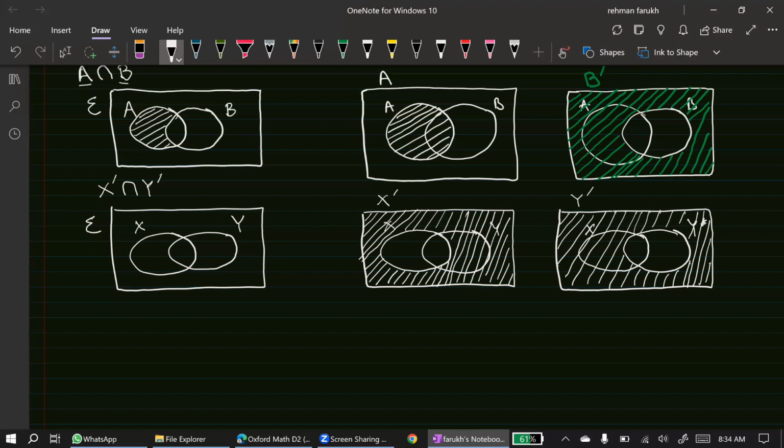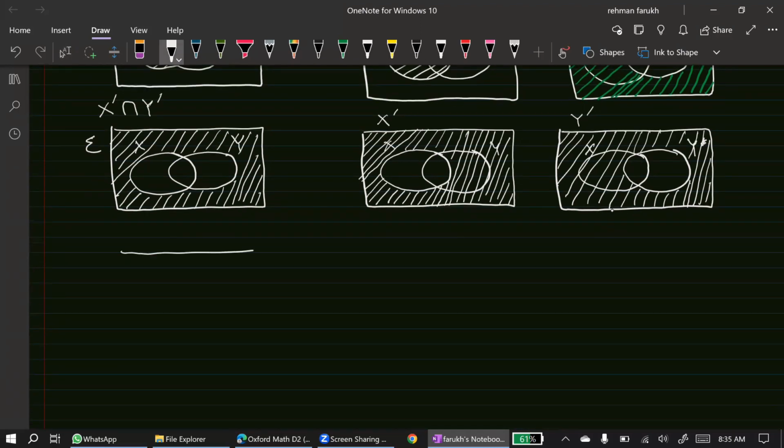The universal set outside the two circles is the common portion to both the diagrams. So this one is the required portion, which is X dash intersection Y dash.